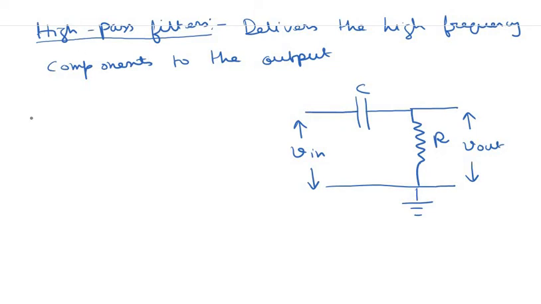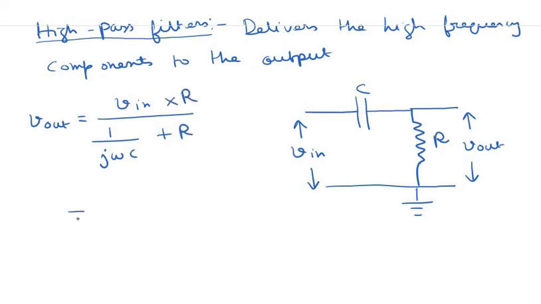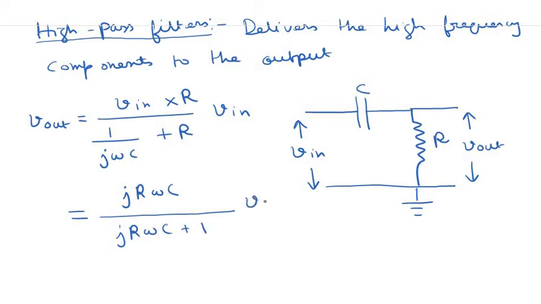In this case, this V out is basically V in divided by (1 by j omega C plus R), times R. So this is R into V in, of course. If we multiply both the numerator and the denominator by j omega C, you would get j times R omega C divided by (j times R omega C plus 1) into V in.